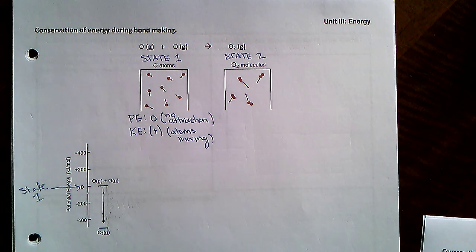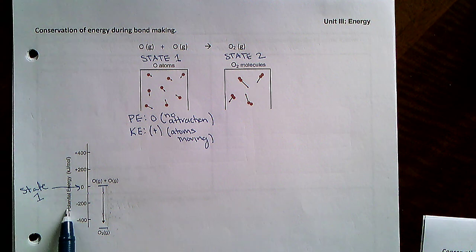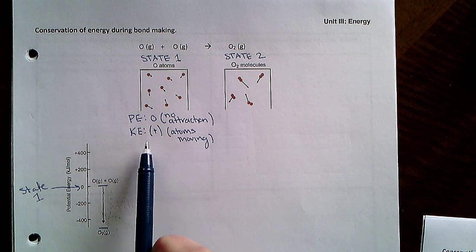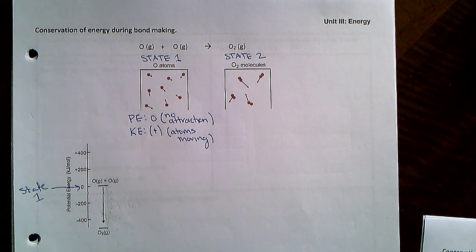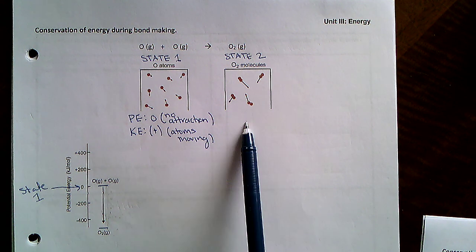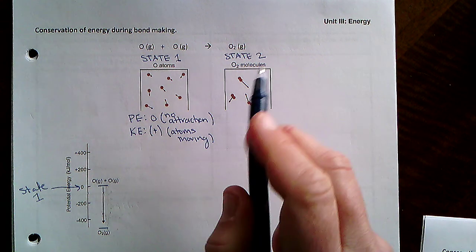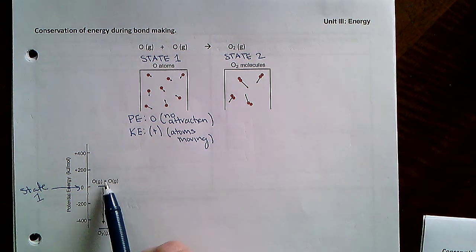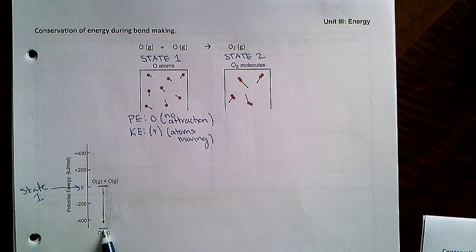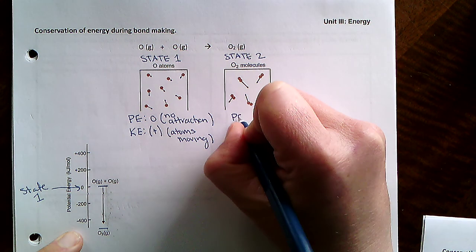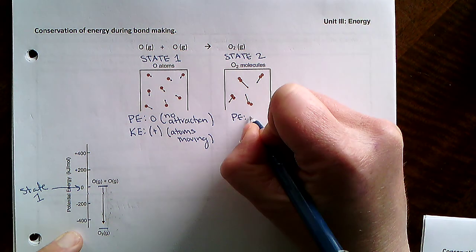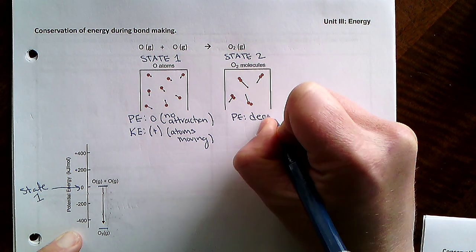And they have mass. So that's state 1. Potential energy is all that's represented on this energy diagram, but we're just saying we know that there is some kinetic energy that these atoms have. Now, when the reaction occurs, when the oxygen atoms bond, what happens to potential energy? It gets more negative. The language you use to say it gets more negative is that the potential energy decreases.